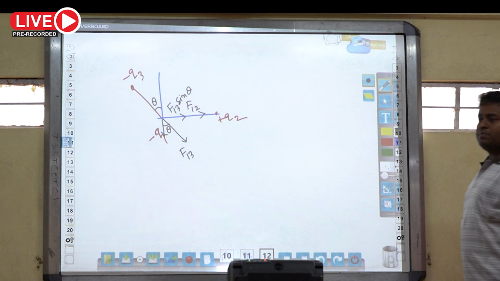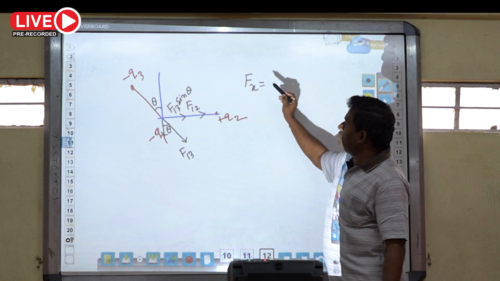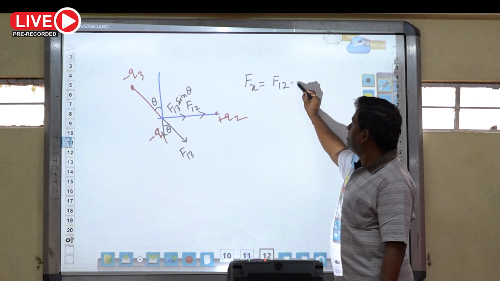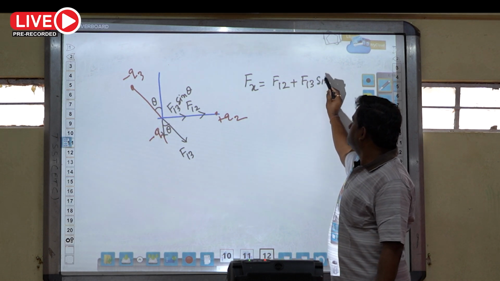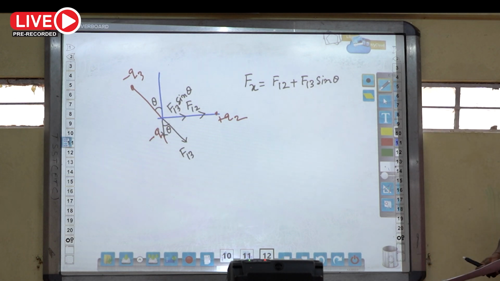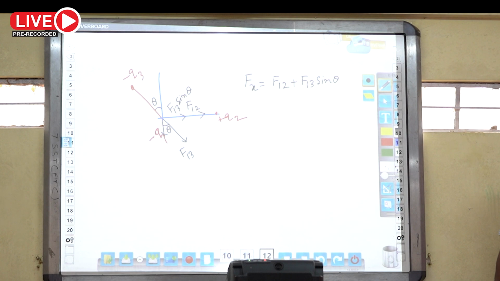So the total X component of force on minus Q1 will be F12 plus F13 sin theta. We write only the magnitude of each component because the direction is already determined from the vector.